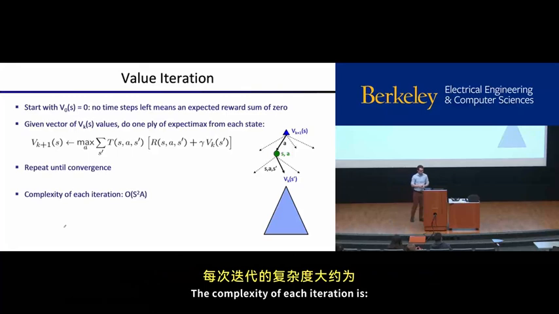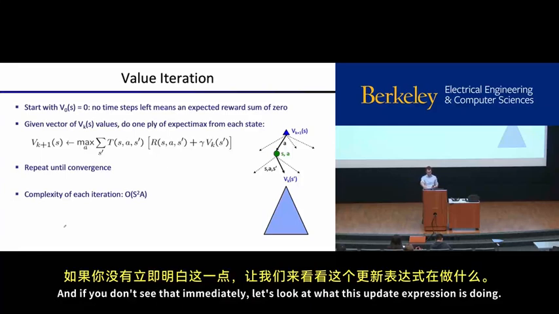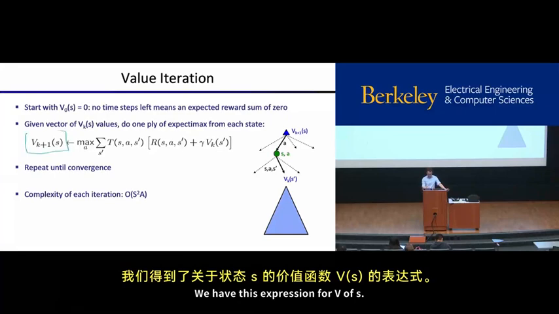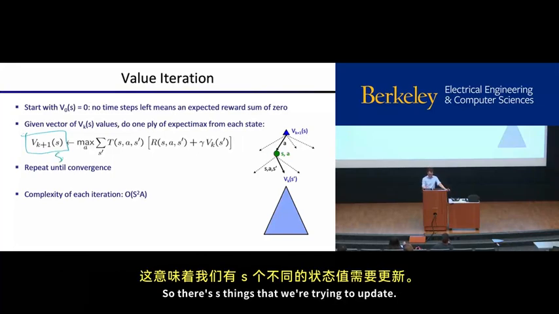The complexity of each iteration is on the order of the number of states squared times the number of actions. And if you don't see that immediately, let's look at what this update expression is doing. We have this expression for v of s. So we need one of those values for each possible s. So there's s things that we're trying to update.